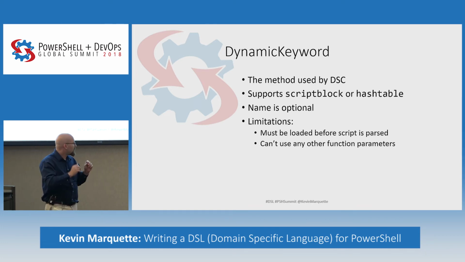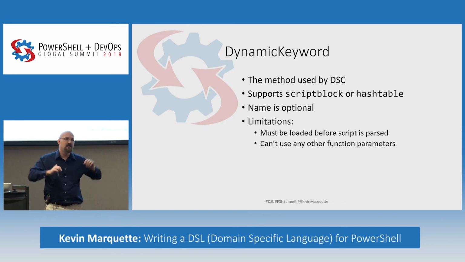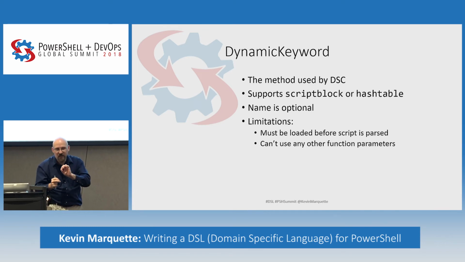And you also can't currently use other function parameters. Like if you're working with Pester, you can do a describe and give it tags and have additional parameters on there, or you can skip a test or it's a pending test. In my experimentation with dynamic keyword, I can't also use those parameters. So we kind of give up that.